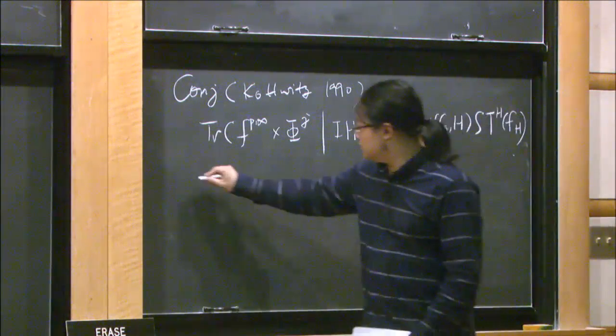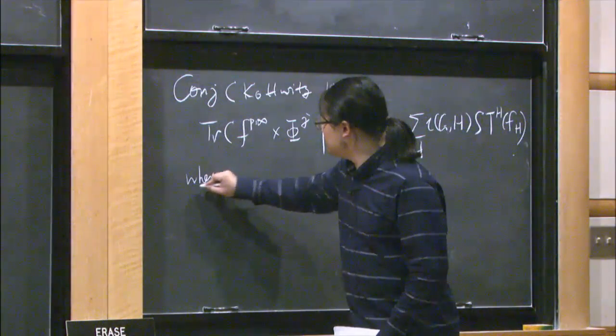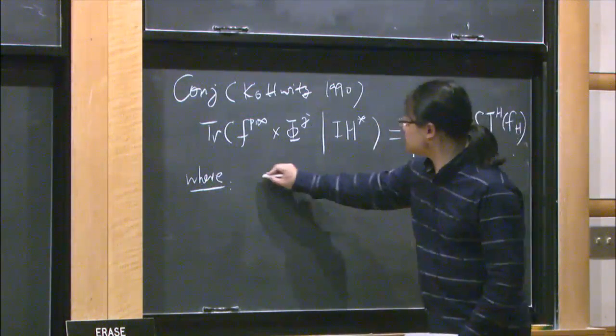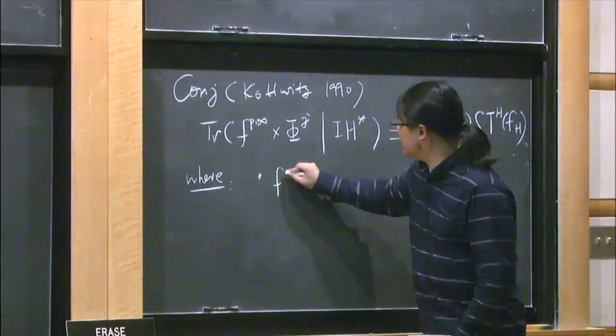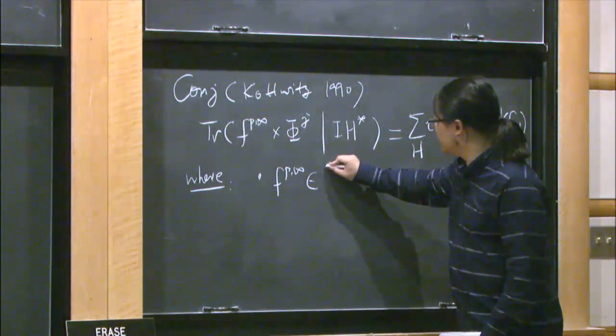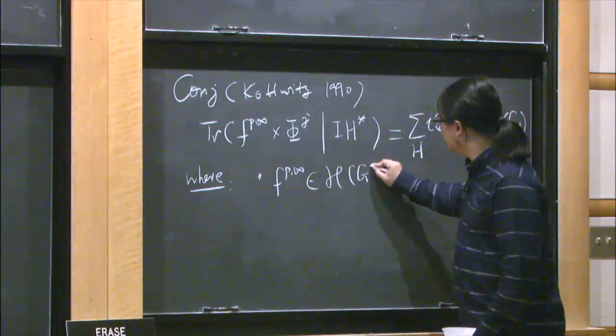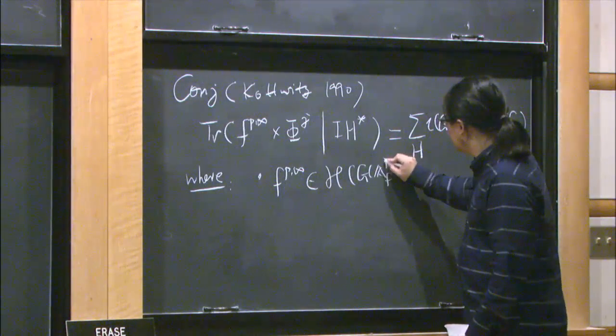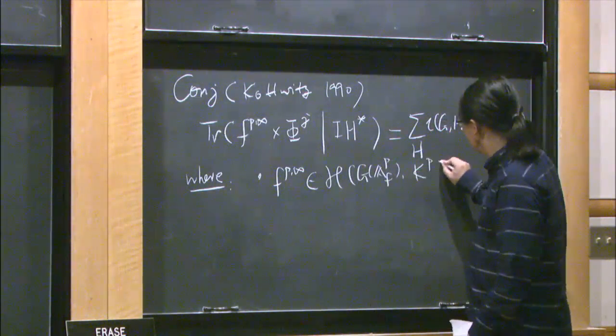So let me explain the terms. This f upper p infinity is a Hecke operator away from p of level K upper p.